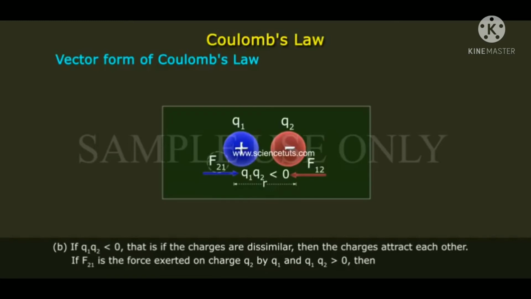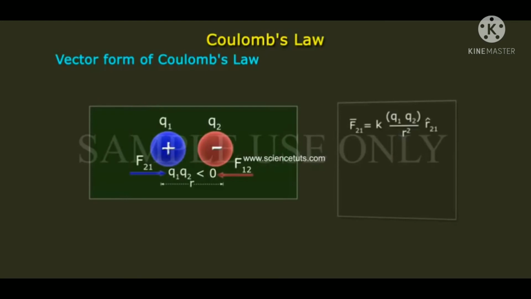If F2,1 is the force exerted on the charge Q2 by Q1 and Q1 Q2 is greater than 0, then F2,1 bar is equal to K into Q1 Q2 by r square into R2,1 cap, where R2,1 cap is the unit vector pointing from Q2 to Q1.